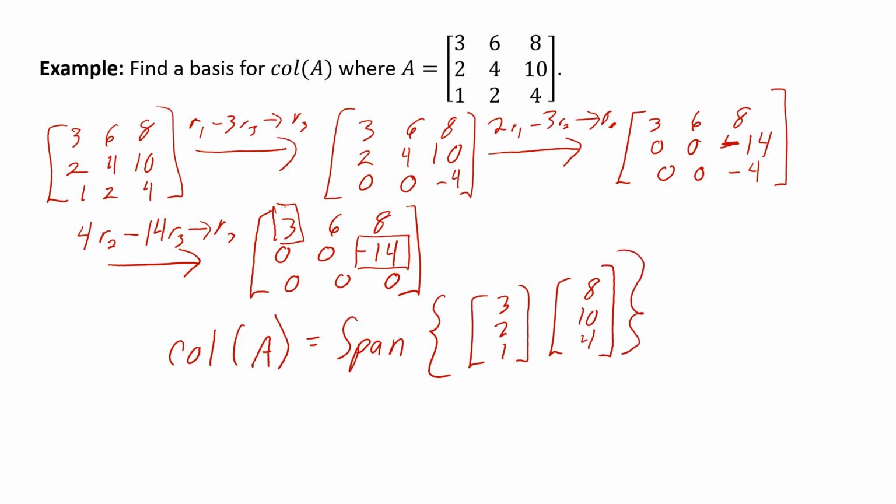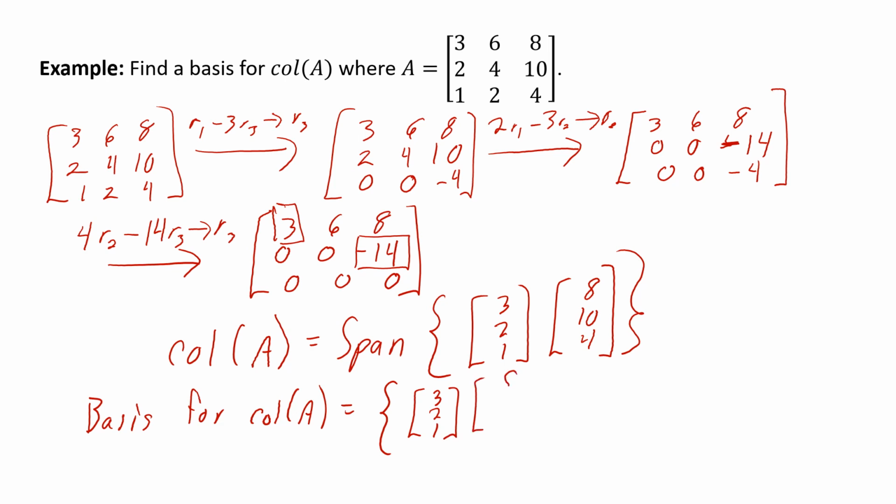So that means that a basis for the column space of A is the set 3, 2, 1, and 8, 10, 4. You don't need all three vectors. Only two of the vectors will give you the column space. That is the basis.